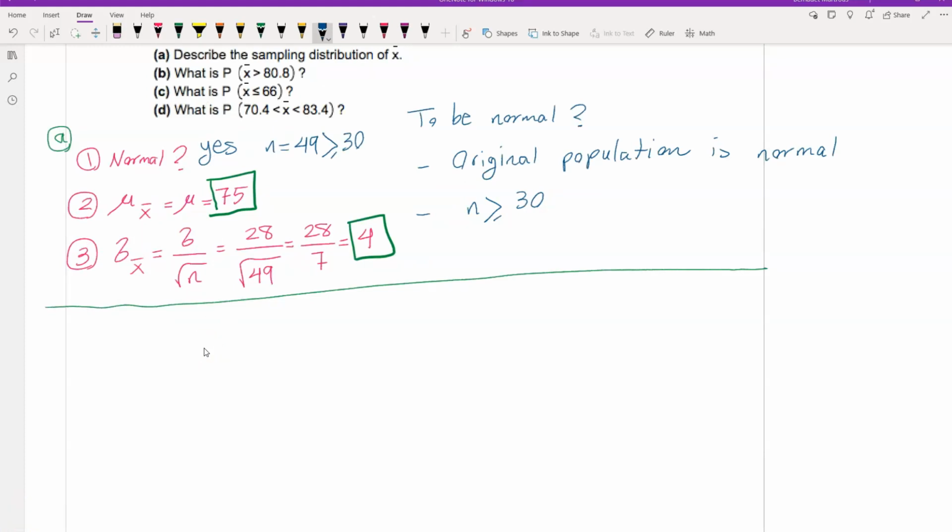Part B is asking to find the probability when X bar is greater than 80.8. Here, we don't have Z. What is given is X bar.